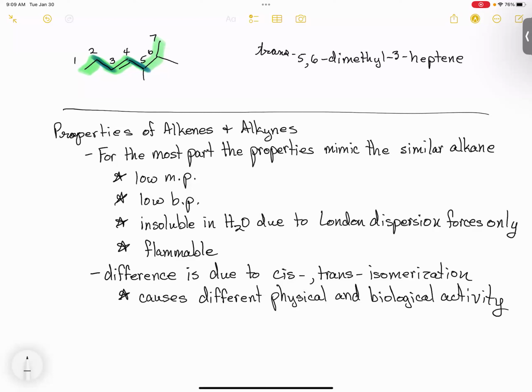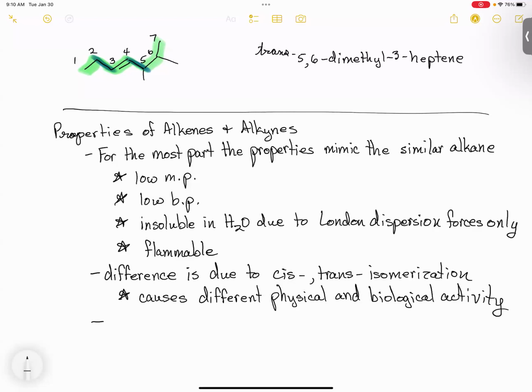I already mentioned the fact that cis is usually less stable than trans. Well, if it's less stable, that's going to cause a different reactivity.